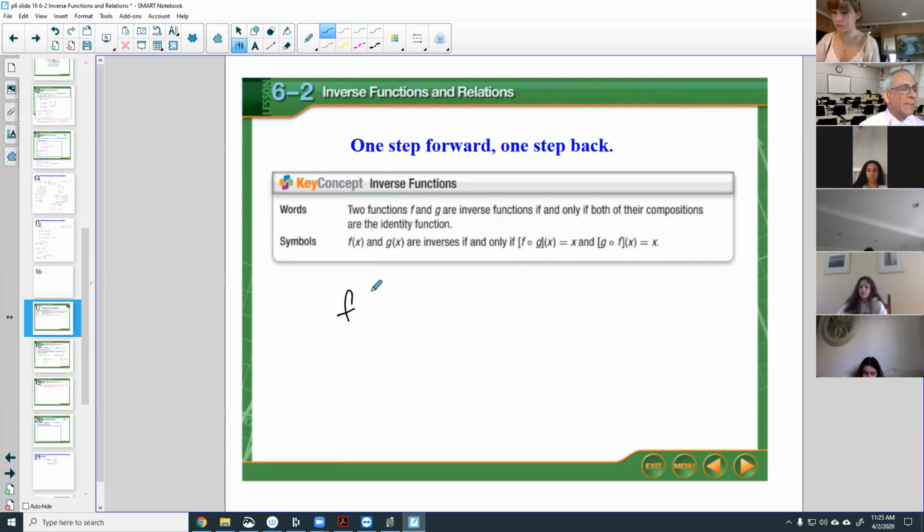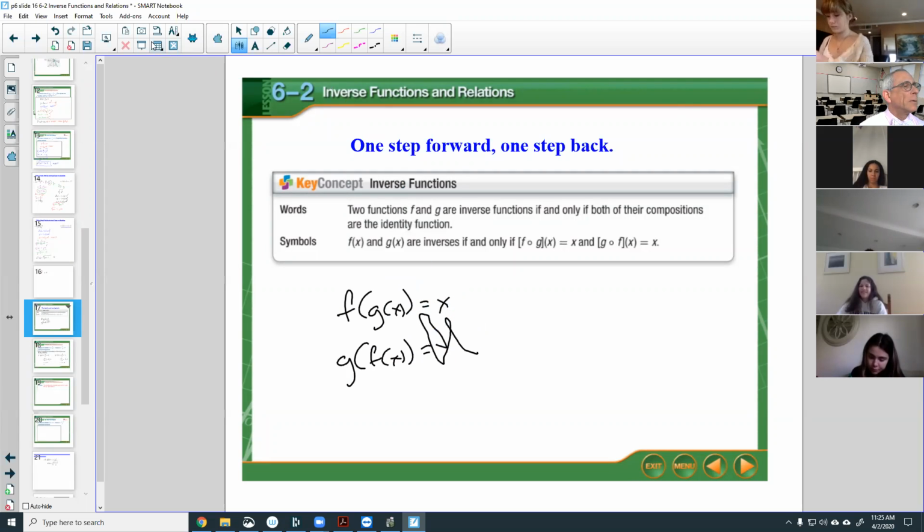So if f of g of x equals x and g of f of x equals x, then these two functions are inverse.